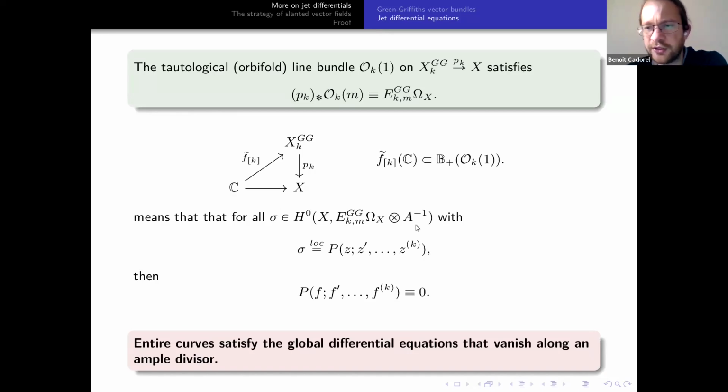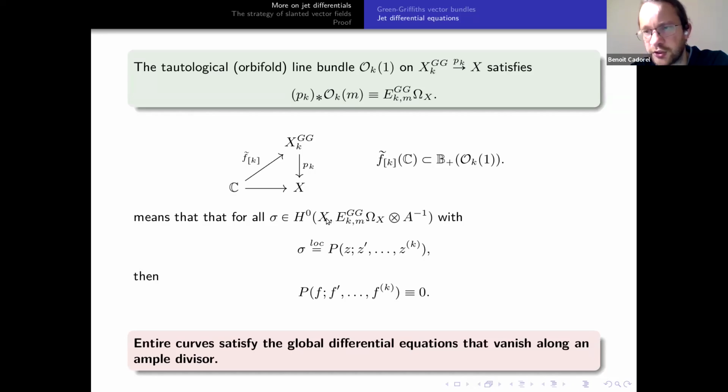And what I said earlier is that, heuristically, if you want to see why this theorem should be true, assume that you have an elliptic curve here, for example, which gives you your entire curve. Then pulling this sigma back to your elliptic curve will give you the same thing on E.